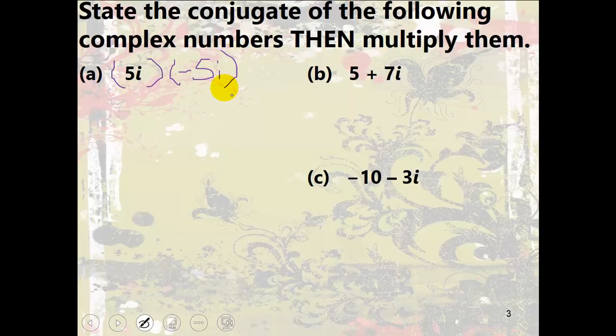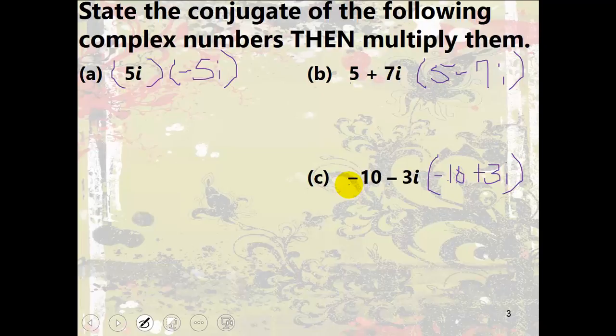The conjugate to 5 plus 7i is 5 minus 7i. The conjugate to -10 minus 3i, notice I'm not changing the first one, is -10 plus 3i. Notice I don't change the sign of the negative 10, not of the constant, just of the sign in between, or you can think of it as the sign of the imaginary number.